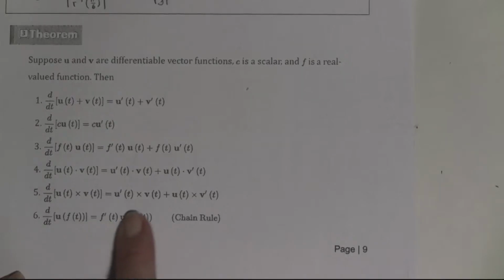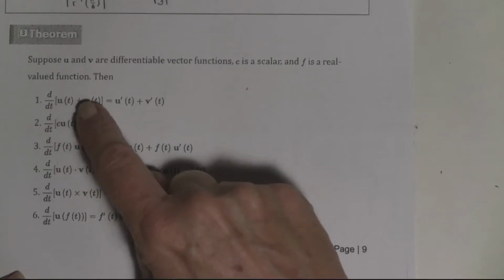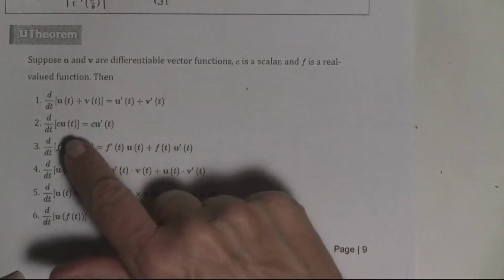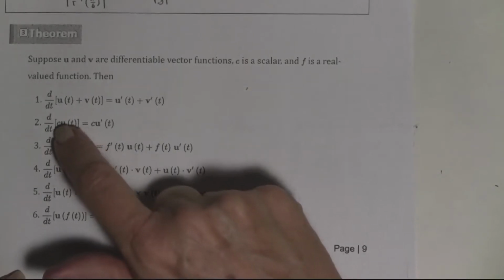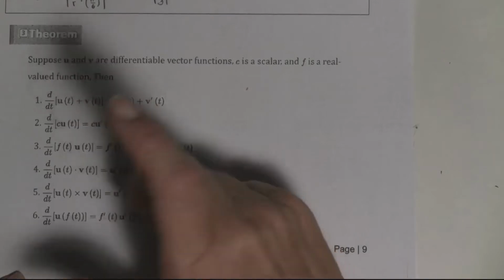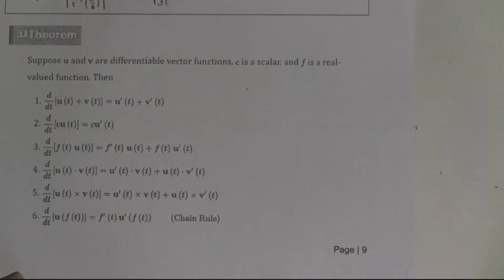This is the chain rule for vectors. If you have a sum of vectors, just take the derivative of each and add them together. And if you have a constant multiple, you just take the derivative of the vector. They're actually what you think they would be, which is kind of amazing.